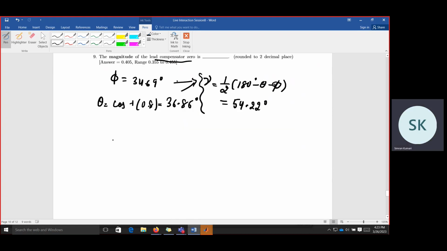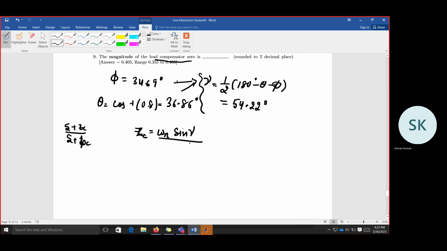Okay. Now simple, because we are doing this whole thing and we have to do the calculation also. So just see, if the lead compensator is (s + zc)/(s + pc), then zc will be equal to omega n sin gamma by sin gamma plus... These things we have gone through in lecture.